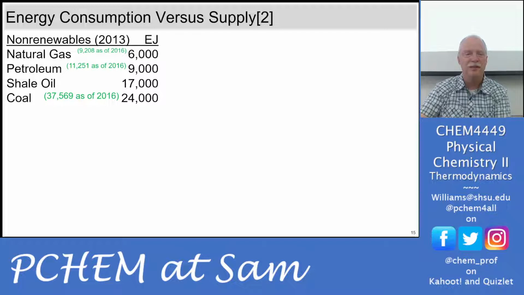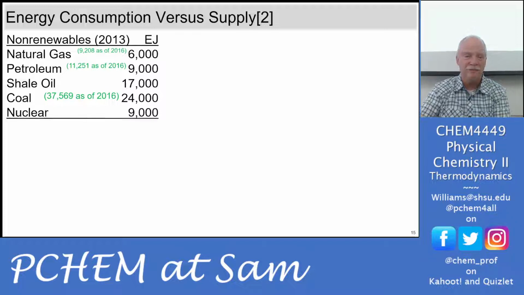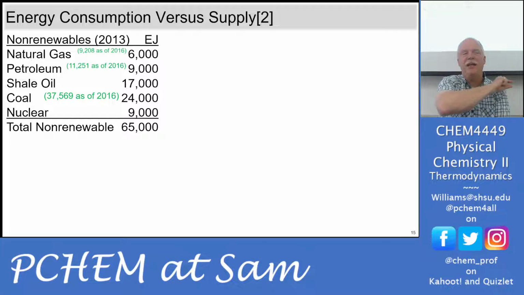It updated in 2016 to 37,000. Nuclear, 9,000. And that's one pass nuclear. We'll talk about what that means. That's how many exajoules if we use the nuclear reserves we have now and run them through the power plant one time. In other words, we don't reprocess the fuel. So total non-renewable is 65,000 exajoules. And remember, we use 425 a year as a globe.